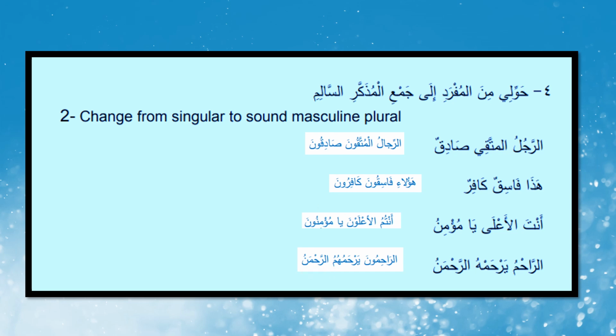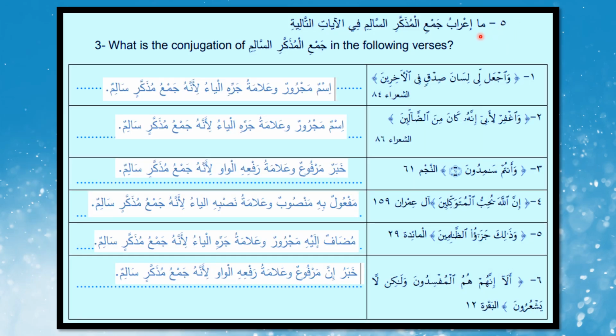So let's check another question. Ma eraab jama muzakkar salim fi ayat taliya means what is the eraab of the jama muzakkar salim in these ayahs. So first of all, let's see where is a jama muzakkar. So in the first sentence we have waj'alli lisana sidqin fil akhirin.